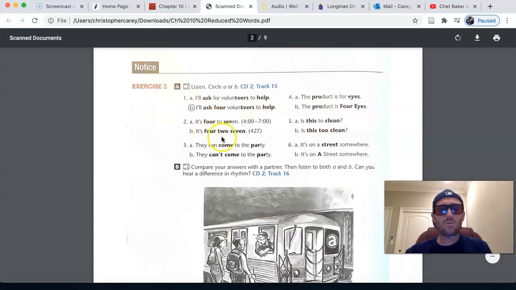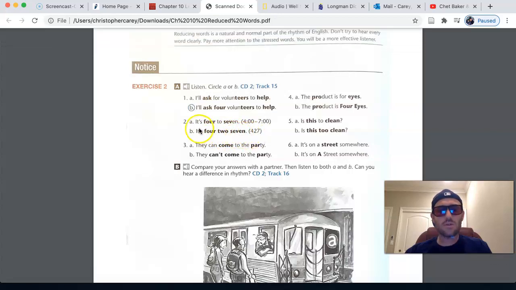It's 4 to 7, instead of it's for to 7. Number 2 is pronounced it's 4 to 7. So reduced because it's not important. It's just a structure word, right? A preposition. So B for number 2.